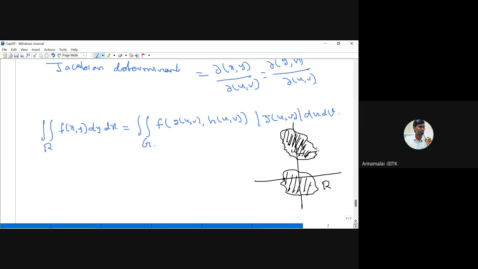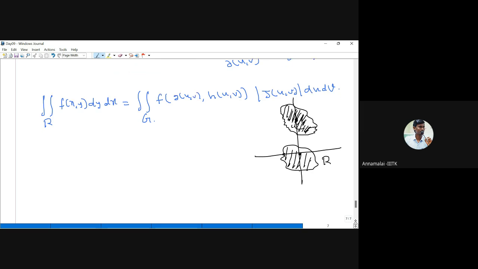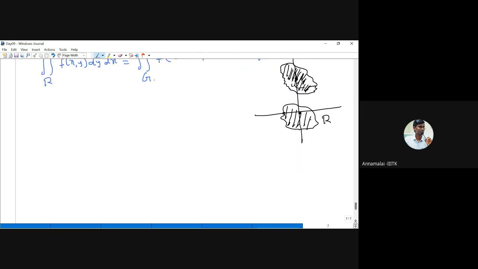So for this transformation, we have to change the coordinates. Here the center was at 0, 0, but you change the center to somewhere here, so you have to change the coordinates. Same thing here, we have to change the Cartesian coordinates into polar coordinates. So in that case, what is the transformation? We have x equal to r cos theta, the polar coordinate.